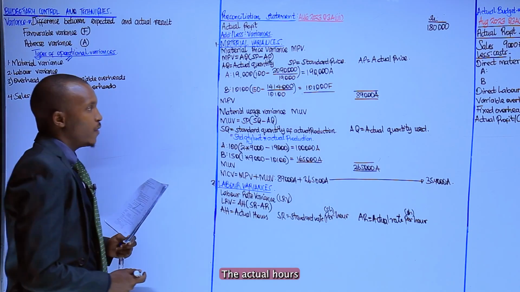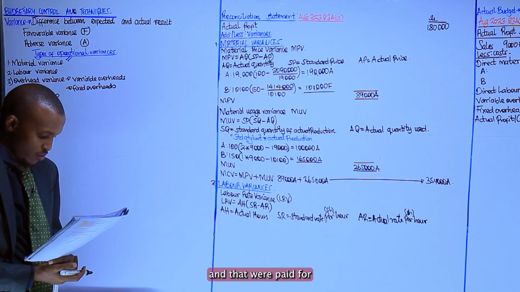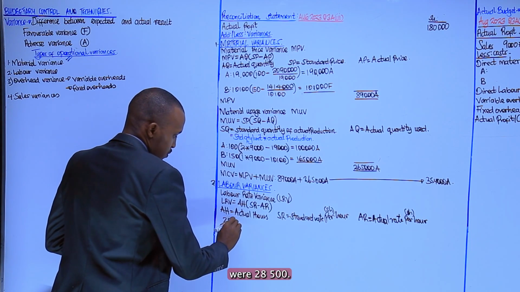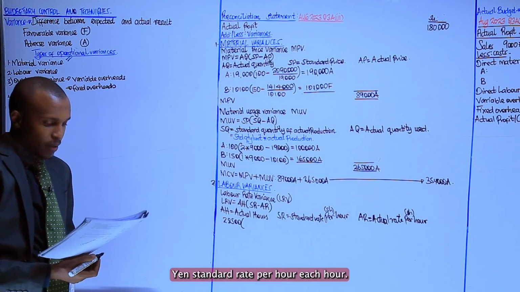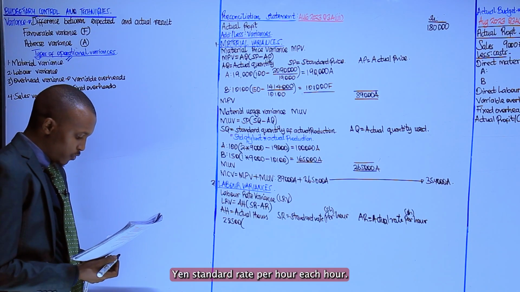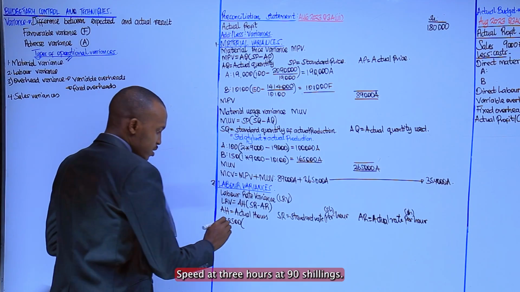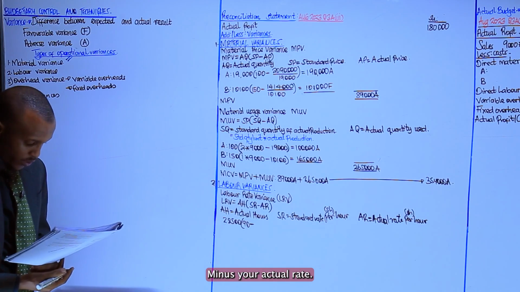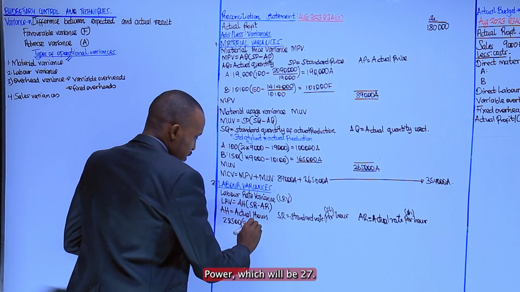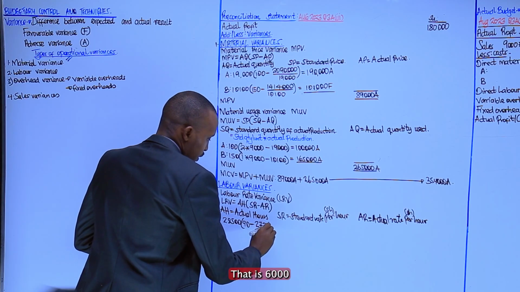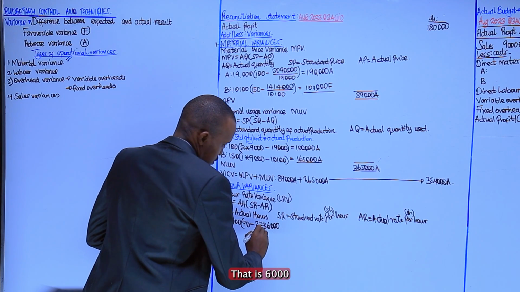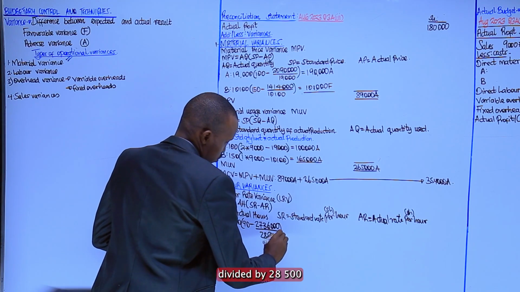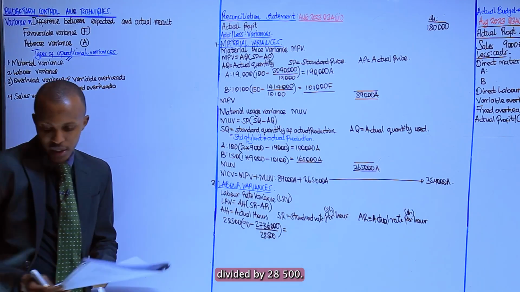The actual hours that were paid for were 28,500. Your standard rate per hour was 90 shillings, minus your actual rate per hour, which will be 36,000 divided by 28,500.